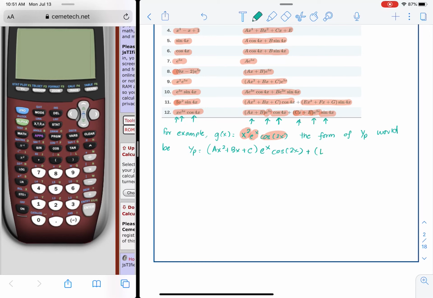So we would have ex squared plus fx plus g multiplied by e raised x multiplied by sine 2x.